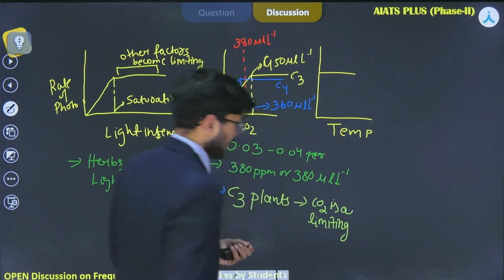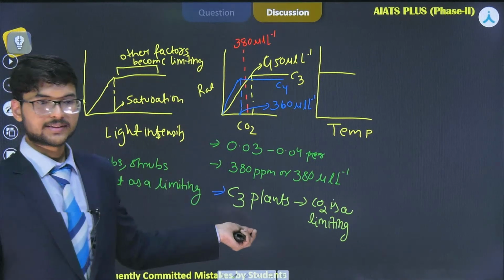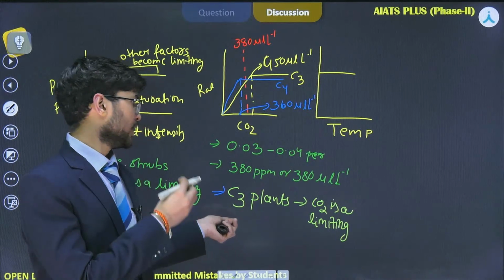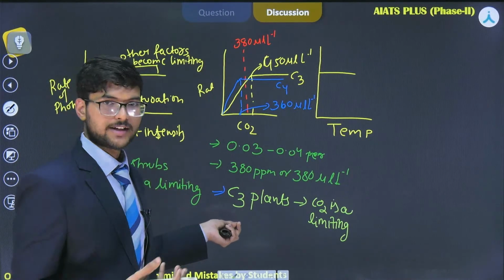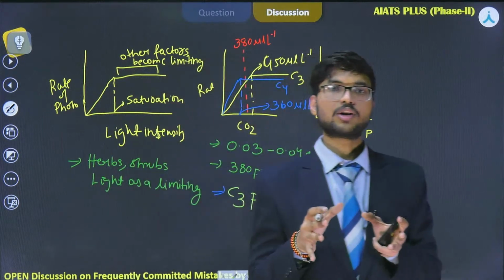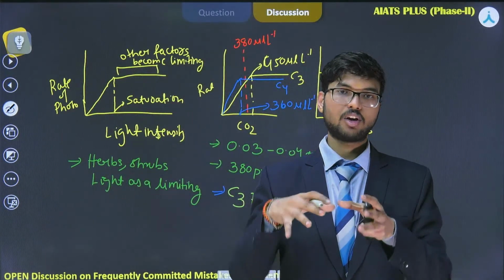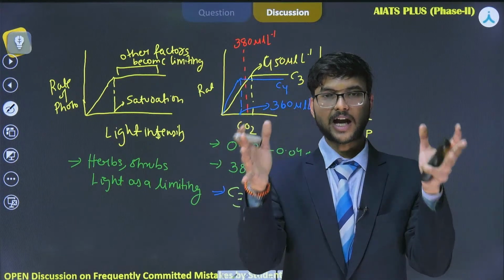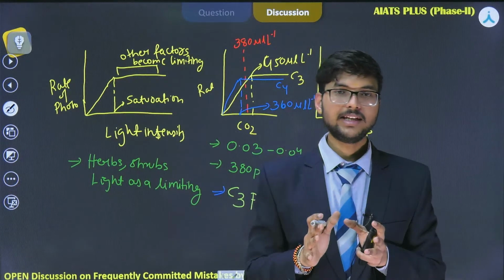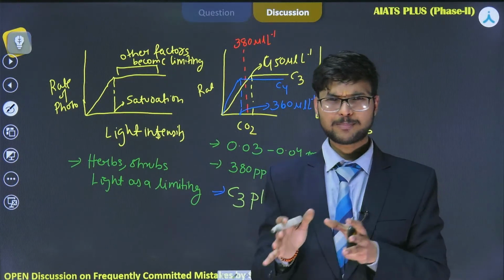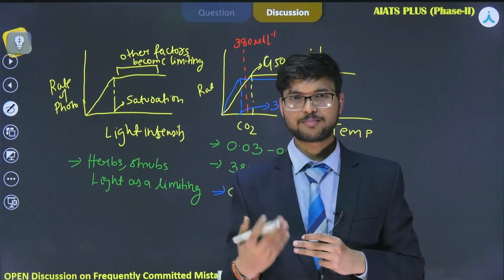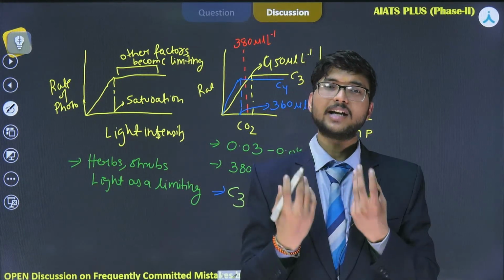Okay, we can use this property of C3 plants to our advantage, right? You have seen a greenhouse, right? In a greenhouse, there is a closed space, and the carbon dioxide concentration is quite high compared to the atmosphere. So if you grow C3 plants like bell pepper and tomato, the productivity of those plants will increase, and due to this you will get a higher yield.